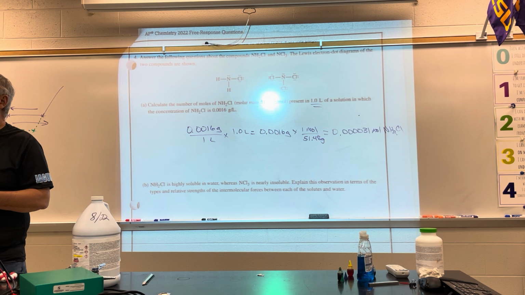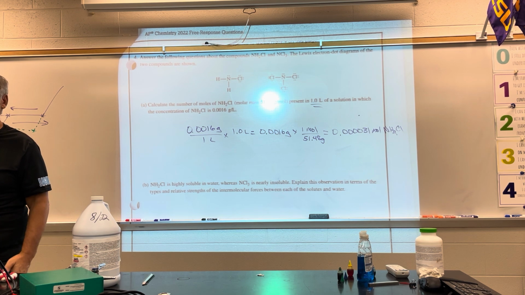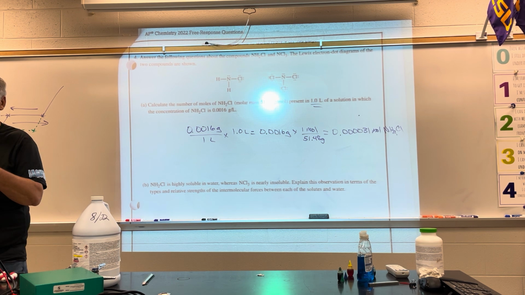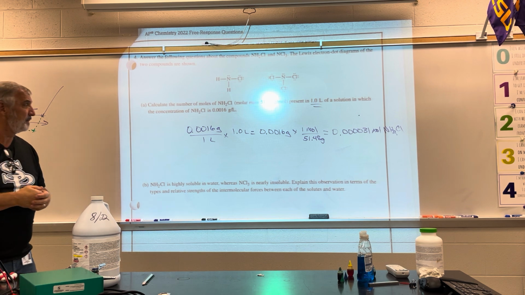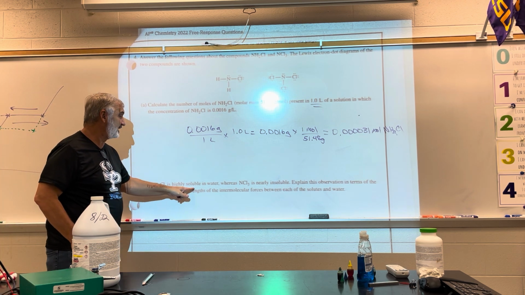Nitrogen and chlorine are very close to one another in terms of electronegativity. Our periodic table says nitrogen's 3.04, chlorine's 3.16, but most books put both at 3.0, the same electronegativity. But we can just assume, since it says it's insoluble, that it has to be nonpolar.